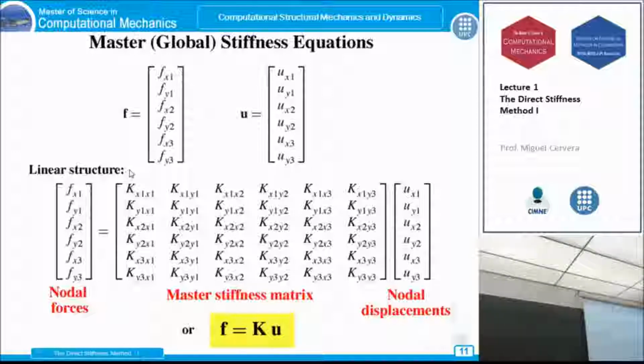And we know that the conjugate forces, the degrees of freedom, are these. Okay, because these are 6 and these are 6, the matrix connecting the forces to the displacements is a 6 by 6 matrix. Okay? And we are going to call this the master stiffness matrix or the global matrix. Okay?